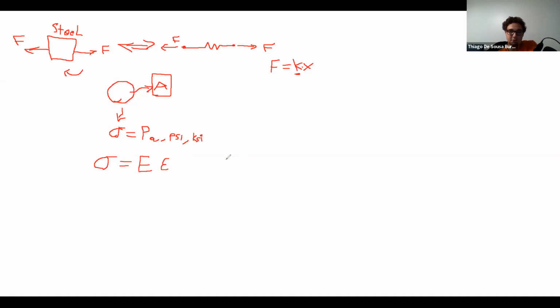This is a lowercase epsilon. And this strain, so if I have this length L and I pull it with a certain force, I deform it by a certain amount. So I have L plus delta x. Let's say that this is delta x while I'm applying a force to it.